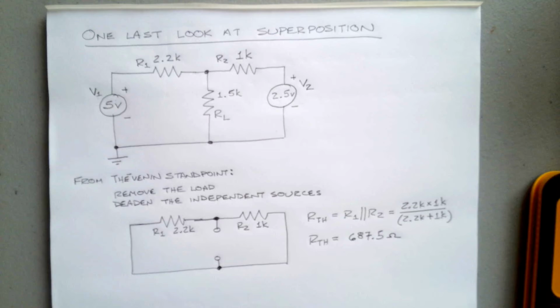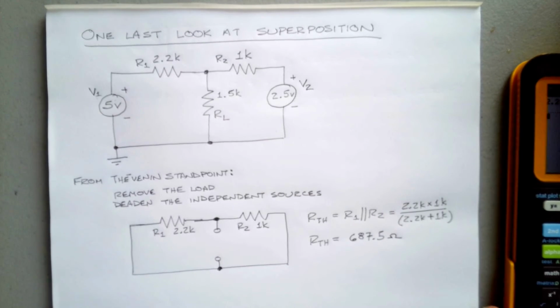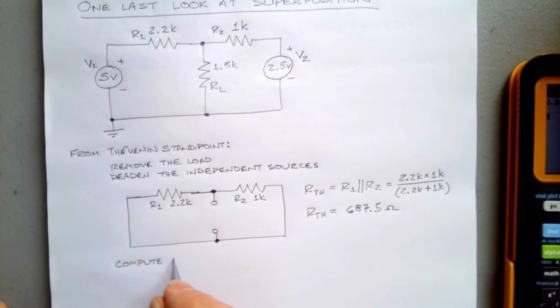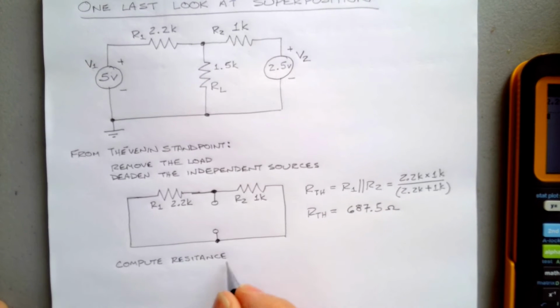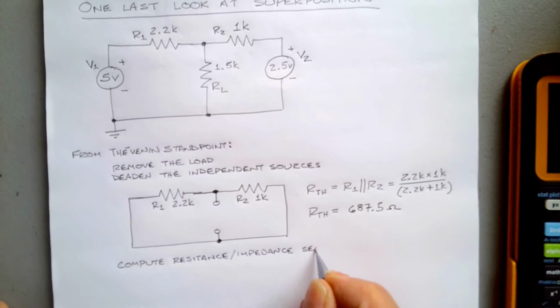That's being awfully precise when we don't really have that privilege, given that these are probably 5% resistors. But at any rate, we know what that is. Now we need to figure out what our source is. What we did here was compute resistance, or it could be impedance if we had a complicated circuit, seen from the load terminals.